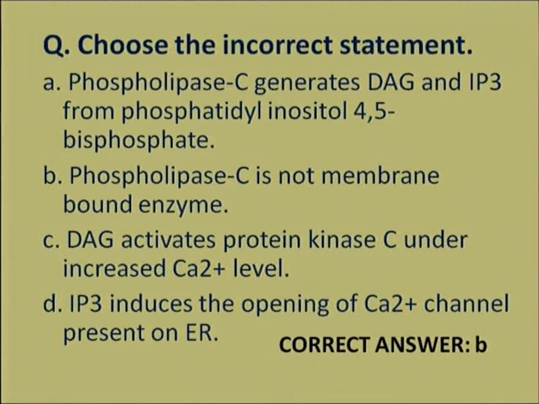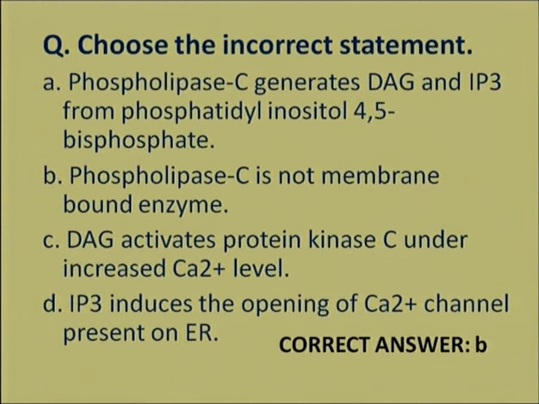Now in the next question, we have to choose the incorrect statement, meaning out of these four options, one particular statement is wrong. Phospholipase C generates DAG and IP3 from phosphatidylinositol 4,5-bisphosphate. It is correct. Phospholipase C is not a membrane bound enzyme.